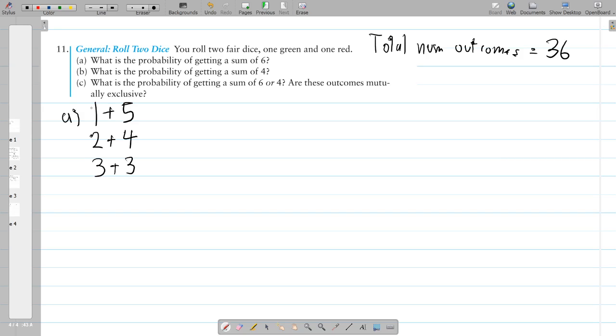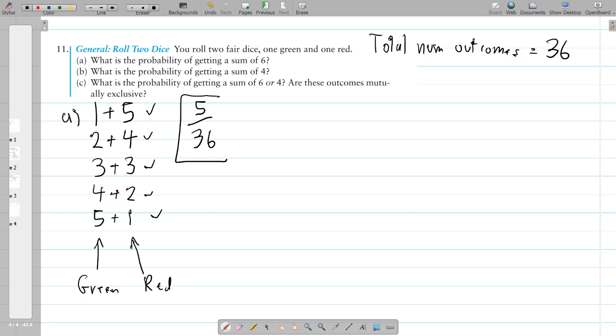We're thinking of the first column as being the green die, and that one as being the red die. So we could also get 4 plus 2, and 5 plus 1. So we have a total of 1, 2, 3, 4, 5 ways to get 6. So for A, we get 5 over 36. There's nothing to simplify there, so we're done.